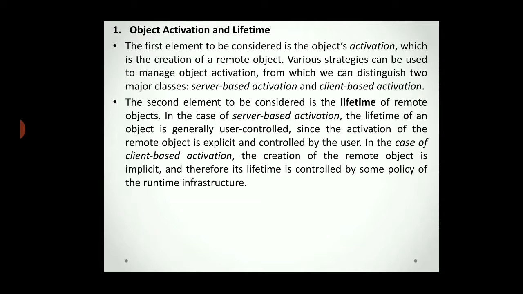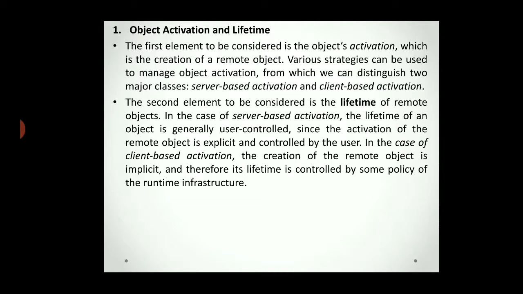Different policies can be considered. The simplest one implies the creation of a new instance for every method invocation. This solution is quite demanding in terms of object instances and is generally integrated with some lease management strategy that allows objects to be reused for subsequent method invocations. Another policy might consider having only a single instance at a time, and the lifetime of the object is then controlled by the frequency of method calls.